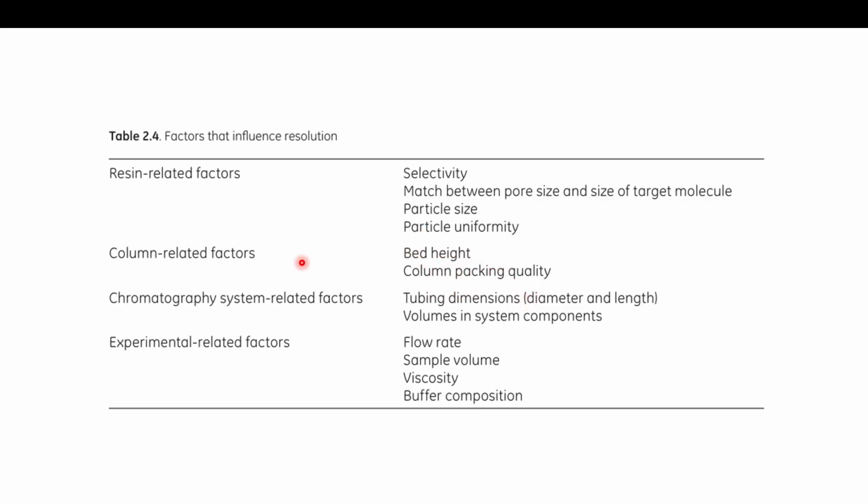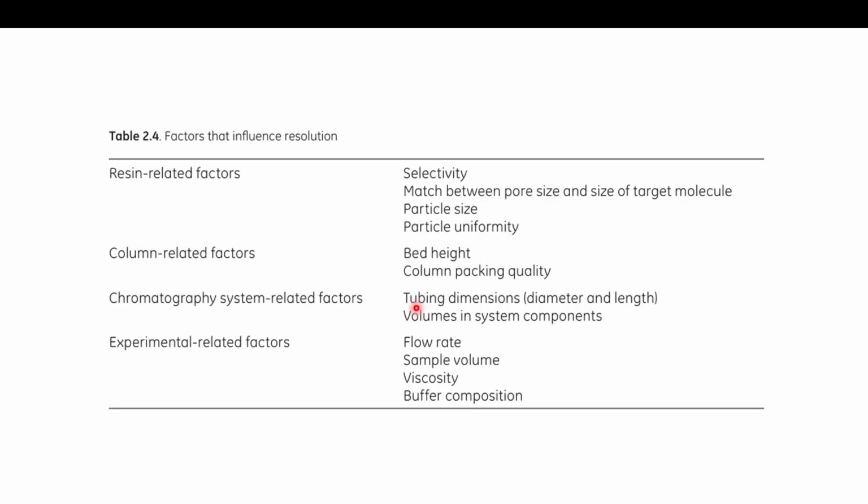That also influences the separation or resolution. And chromatography system related factors, like there are tubings all around in a chromatographic system. How wide or how narrow the tubings are affects how smoothly your sample passes through, and also regulates the flow rate of your sample.